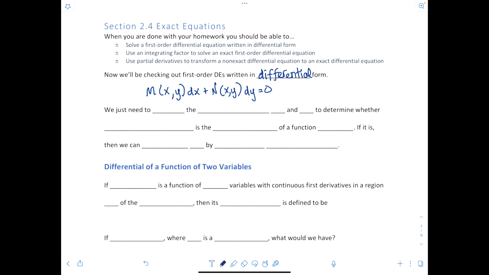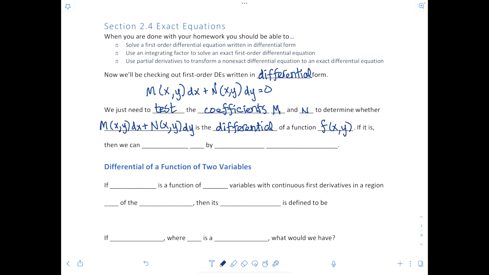We just need to test the coefficients M and N to determine whether M of x and y dx plus N of x and y dy, which is an expression, is the differential of some function f of x and y.